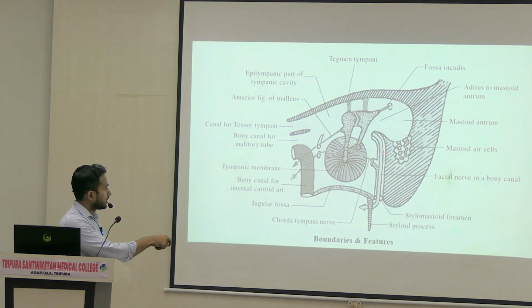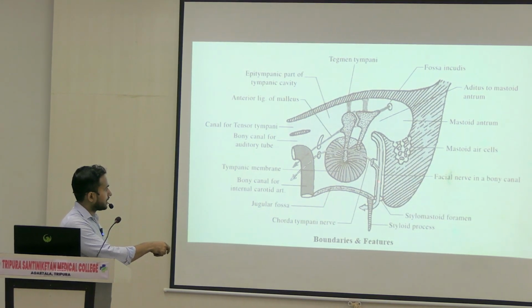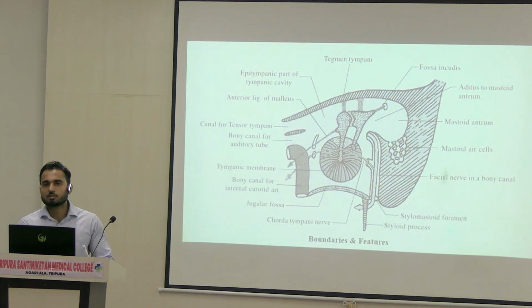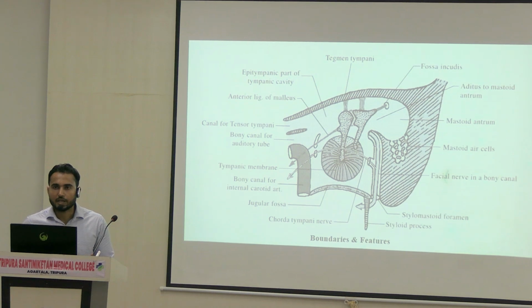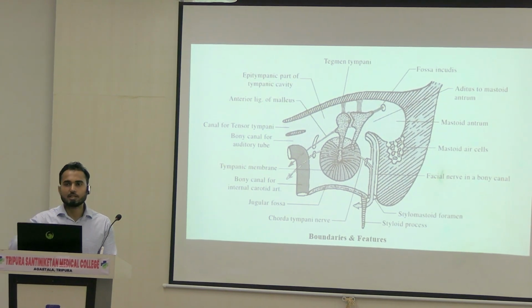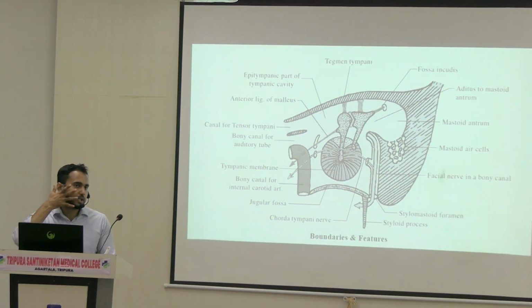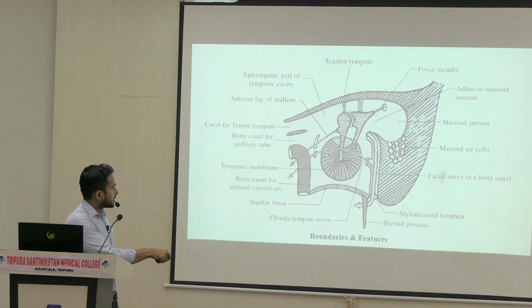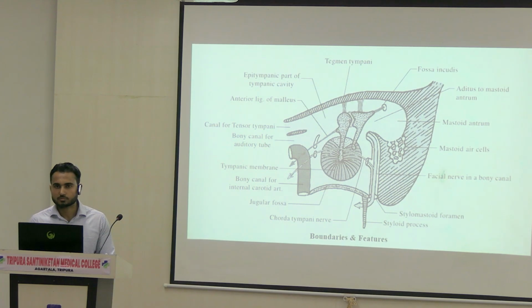Now this facial canal opens into a foramen called the stylomastoid foramen, and from the stylomastoid foramen the facial nerve comes out and supplies the facial muscles, the five terminal branches. So this facial canal will lead to the stylomastoid foramen.